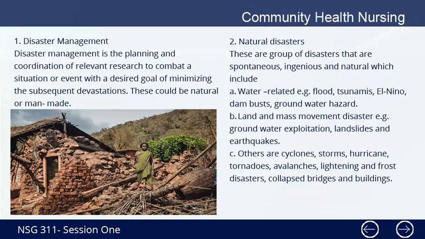Land and mass movement disaster, e.g., groundwater exploitation, landslides, and earthquakes. c. Others are cyclones, storms, hurricane, tornadoes, avalanches, lightning and frost disasters, collapsed bridges and buildings.